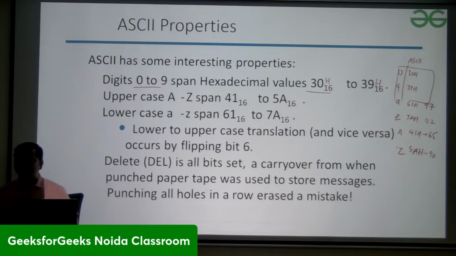So there is a clear difference between these two, 32. In decimal the difference is 32 in base 10. In hexadecimal, the difference is going to be 20H, and if you convert this 20H into decimal, it is 2 into 16 plus 0, that is 32.